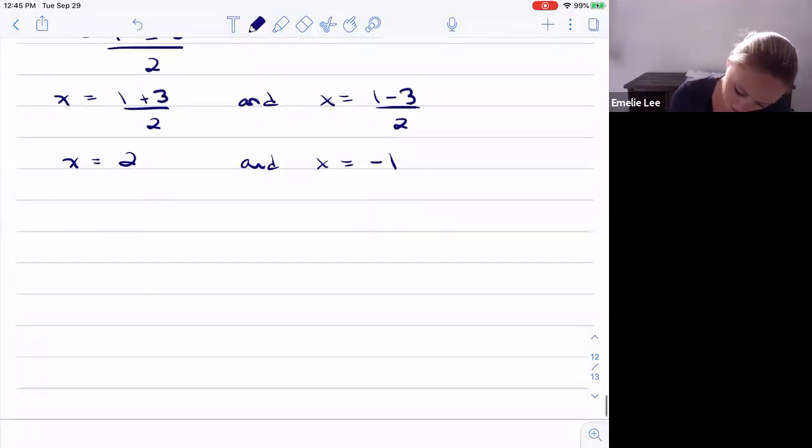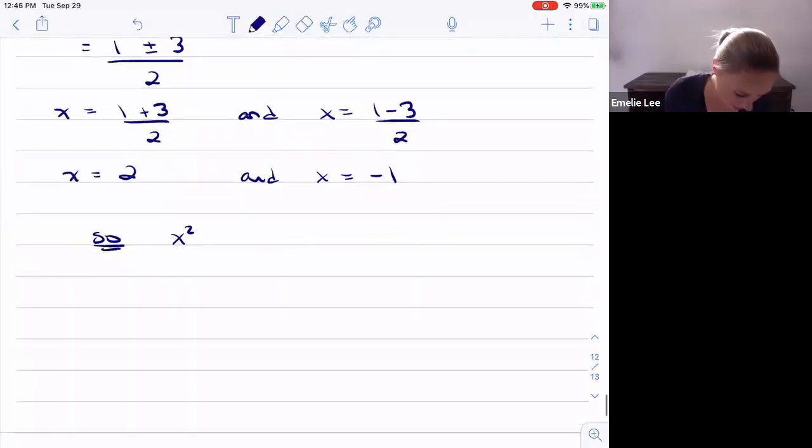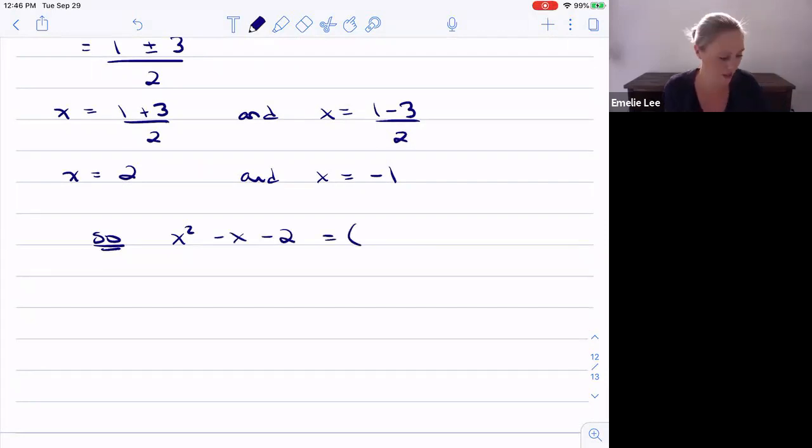So we can write x squared, where are we here? Oh yeah, x squared minus x minus 2 factored, and you can go ahead and check your work later, is going to be x minus 2 times x plus 1.